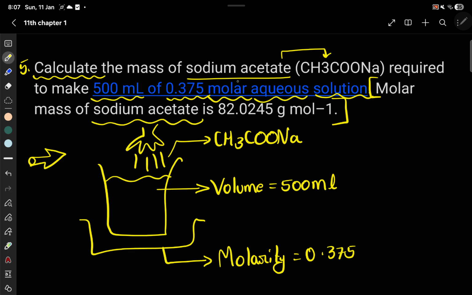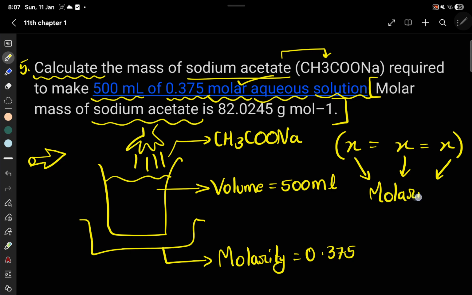Now these terms, molar aqueous solution, molar aqueous concentration, and molarity, all three of these terms are actually the same, so you need not get confused by these three terms. So in this question they have given you molarity, they have given you volume.